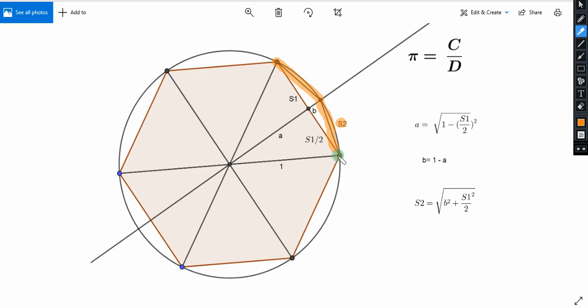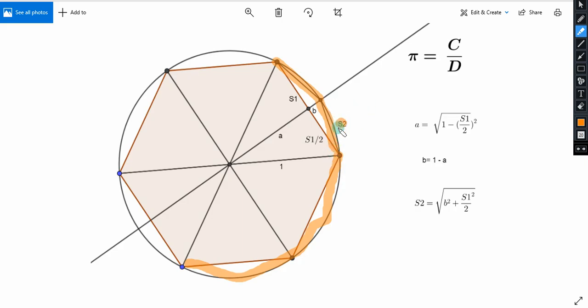If we draw here 1, 2, 1, 2, so 2, 4, 6, 8, 10, 12, this 6-sided polygon will become a 12-sided polygon.